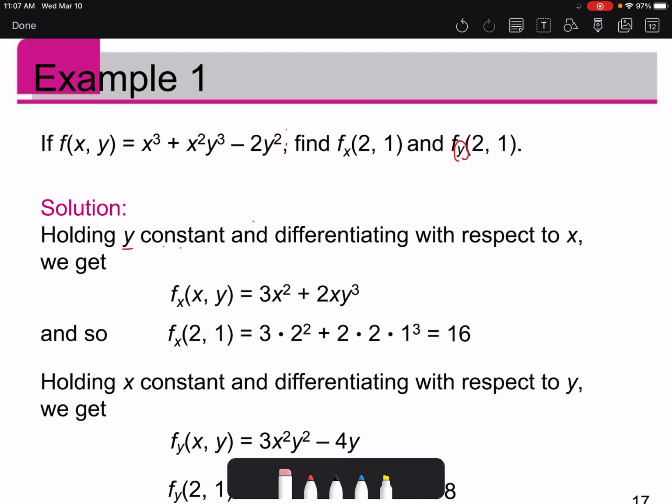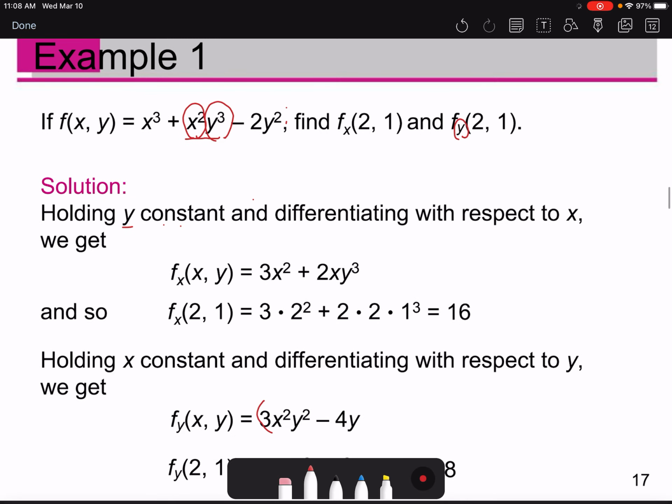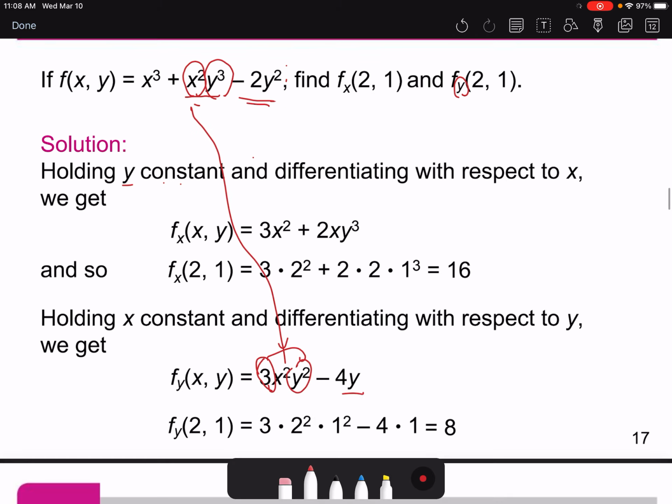For x squared y cubed, remember we're treating x squared as a constant, so the derivative of y cubed gives you 3y squared, and x squared remains as a constant. Finally, the derivative of minus 2y squared with respect to y is minus 4y. You plug in (2, 1), so the answer is 8. In general, they are not the same.